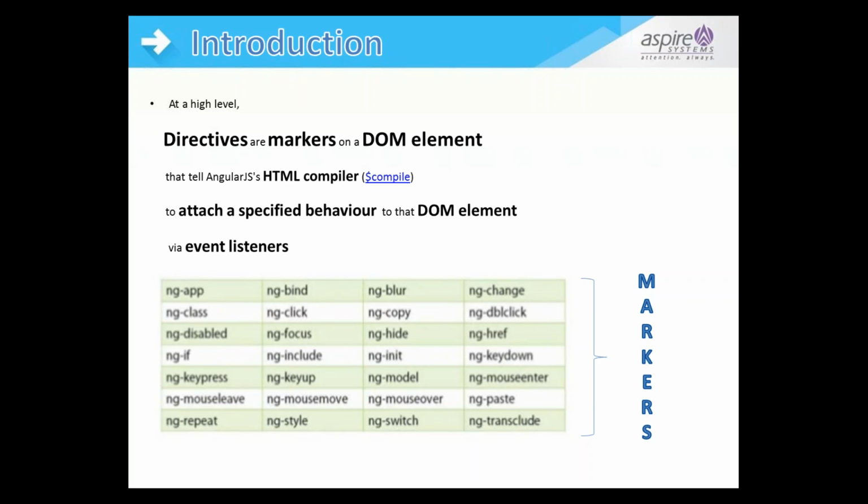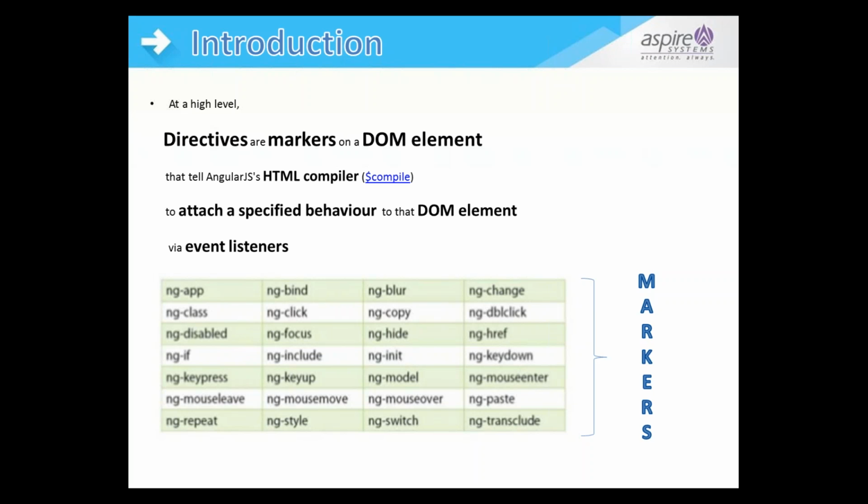Okay, via event listeners. You need something to communicate with the AngularJS, right? That is called as an event listener. And that event listener communication happens with AngularJS. So all these functions, keeping a marker, changing the DOM element, communicating with the AngularJS, everything will be taken care of by this simple text, nothing but directive.